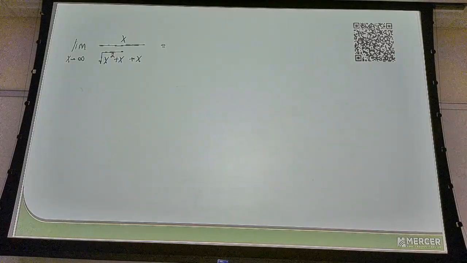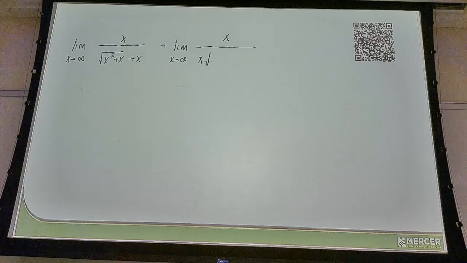Then you have to do all the algebra. Factor out the x squared from the square root, right?